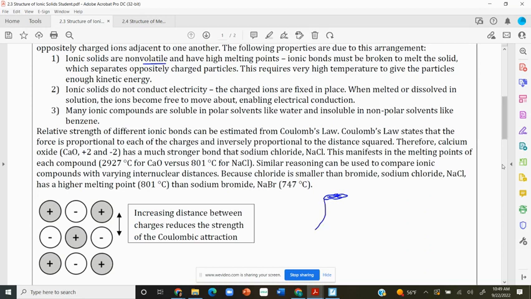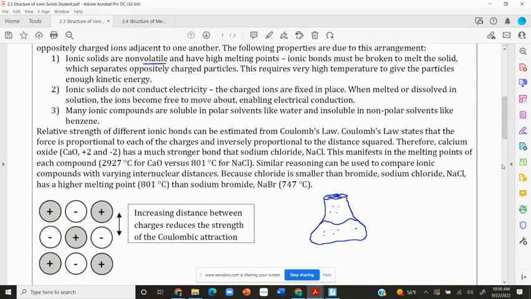Now, if we talk about the term volatility, remember what volatility is if you have a sealed container. So here's my little flask, and I have a liquid in there. Remember, those liquid molecules are able to kind of move back and forth. Well, some of those molecules down here are changing into gas molecules, and they're coming back and forth. Some of them are liquid, some of them are gas, and they keep moving back and forth.